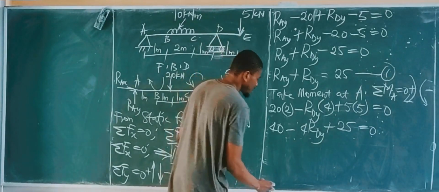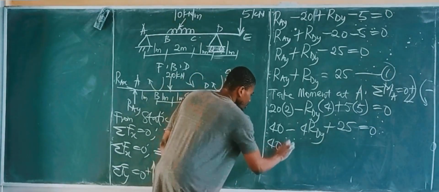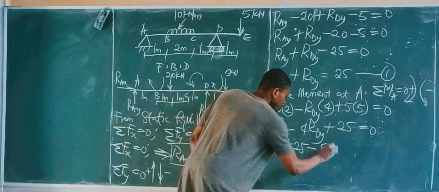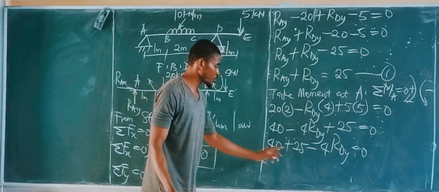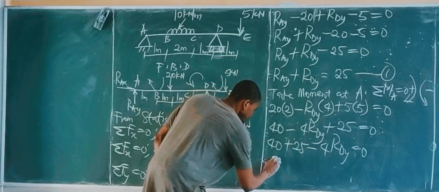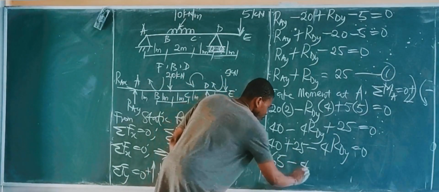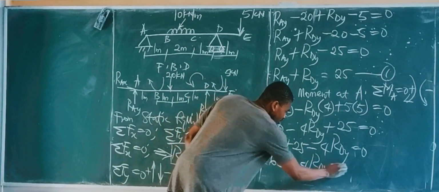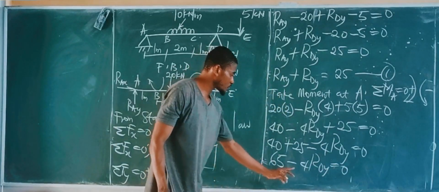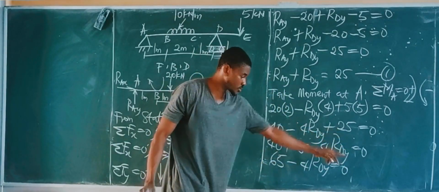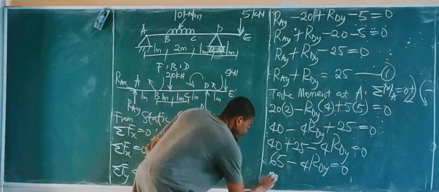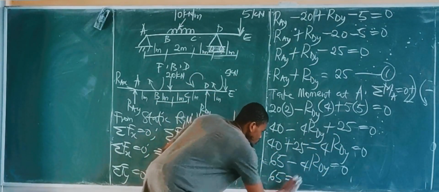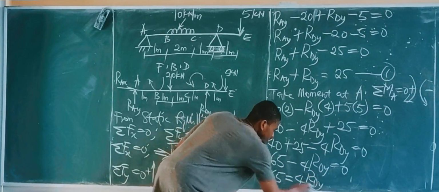So we can simply collect like terms. This becomes 40 plus 25 minus 4 RDY equals 0. So 40 plus 25 gives us 65 minus 4 RDY equals 0. So let's send minus 4 RDY over to this side of the equation. The negative sign crosses and becomes positive. So I simply have 65 equal to 4 RDY.